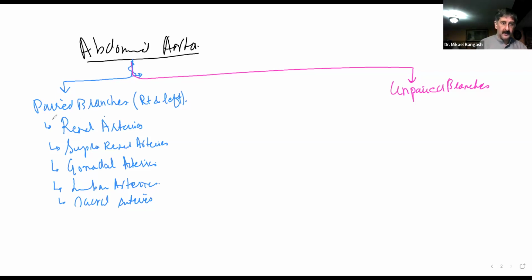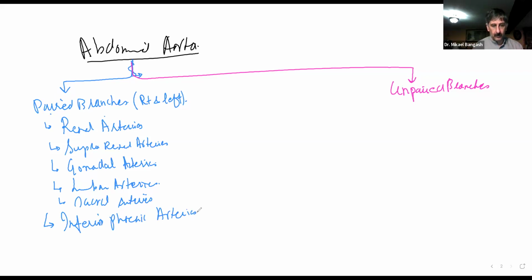Not necessarily simply paired, the first set of arteries arising off the abdominal aorta is going to be what we call the inferior phrenic arteries.